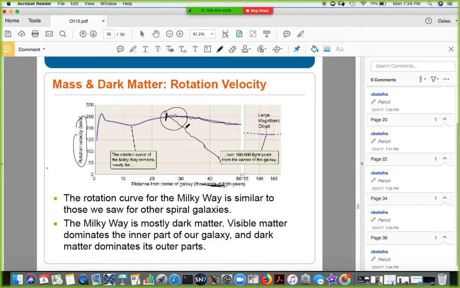Now, either Newton's law is wrong, so you have to say, hey, Sir Isaac Newton, 1700, your equation F equals G M m divided by D squared is not correct. You should fix it.